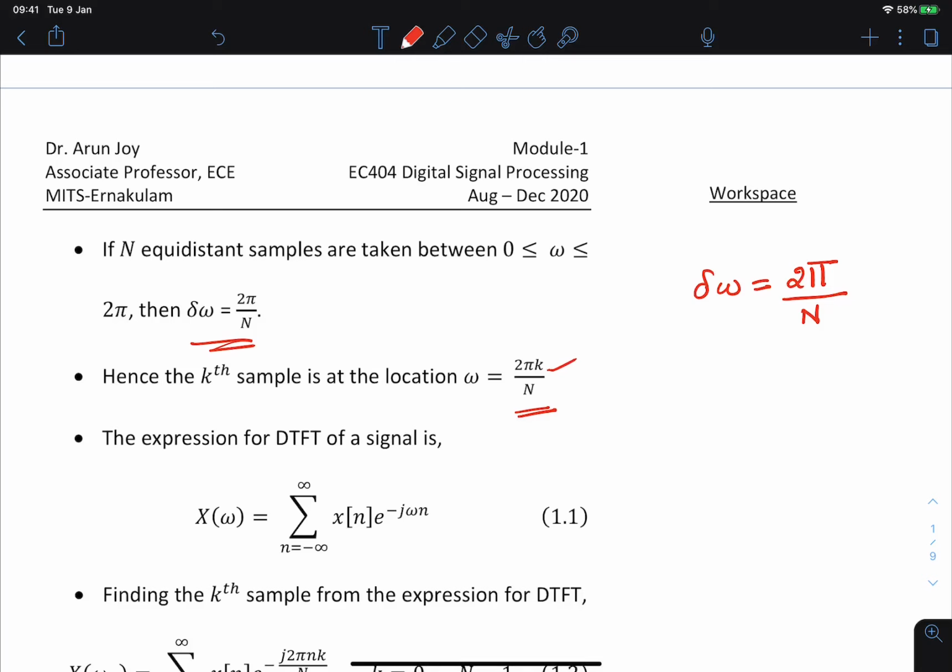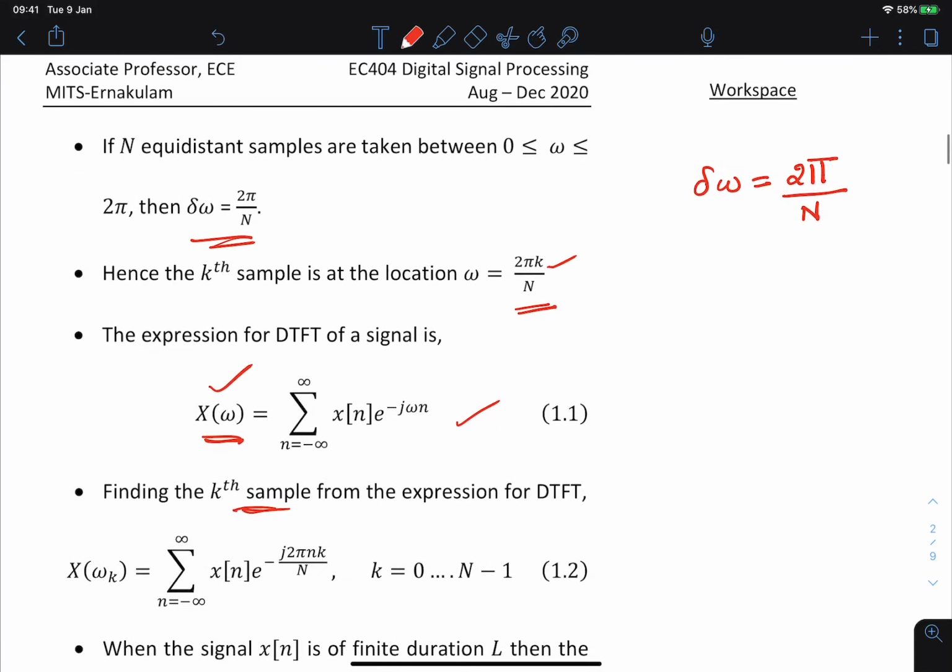Now we know the expression for DTFT, that is X of omega is equal to this particular expression. And our aim now, as I told you, is to find the expression for DFT. The expression for DFT can be found by just sampling this particular expression. That is, let us find the kth sample of this continuous frequency function.